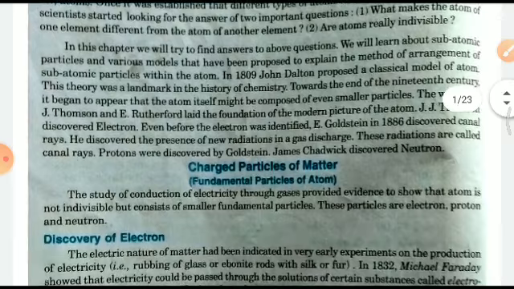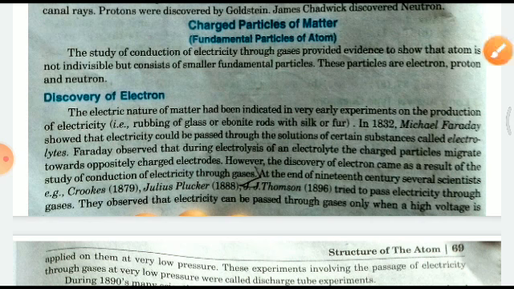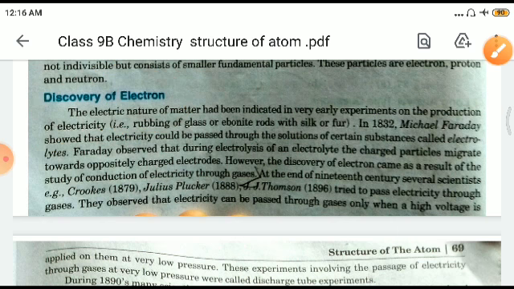Okay, now the charged particles of matter: firstly there was the discovery of electron, right? As you can see here, firstly it was electron which was discovered. The electric nature of matter has been indicated in very early experiments in the production of electricity, rubbing of glass or ebonite rod with silk or fur.